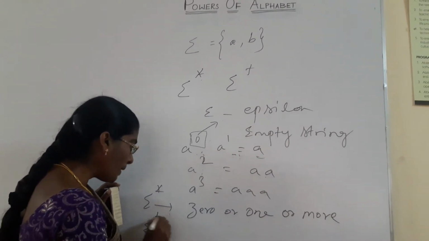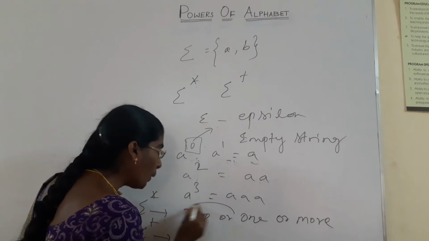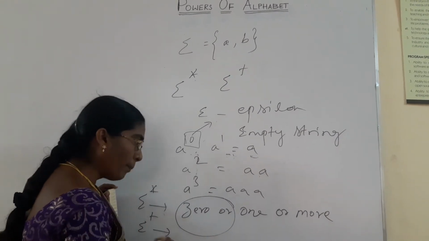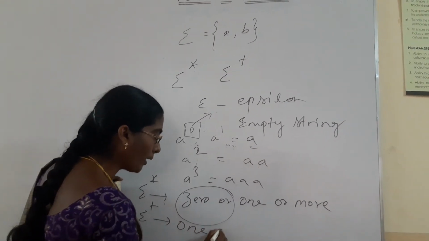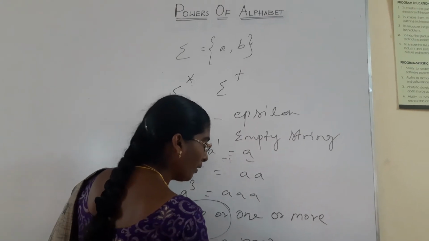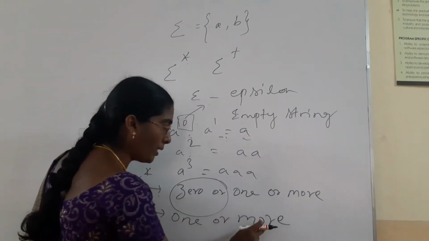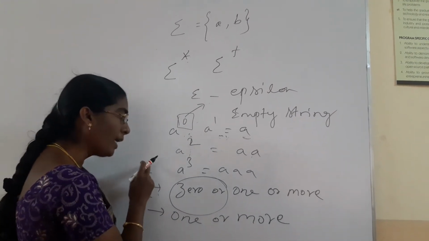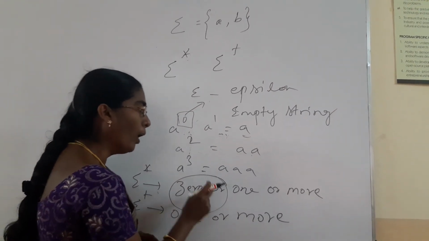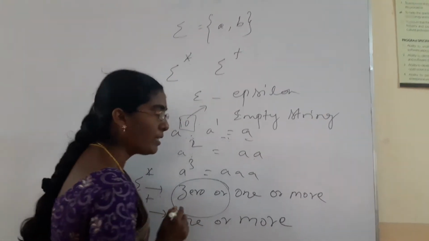But summation plus excludes this 0. It represents only 1 or more occurrences of the symbol, right? Summation plus represents 1 or more occurrences of the symbol. Summation star represents 0 or 1 or more occurrences of the symbol.